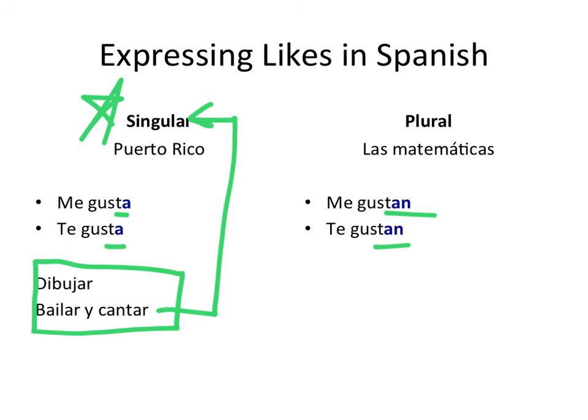It should be gustan. It's an exception to the rule. So if we say like la pizza and la cerveza, we're going to use gustan. If you like to drink beer when you eat pizza, you would use gustan because those are nouns. But when we express our likes with infinitives, what we like to do, we're going to keep it in a singular form. That's an exception to the rule. Okay, chicos? Entienden el concepto.